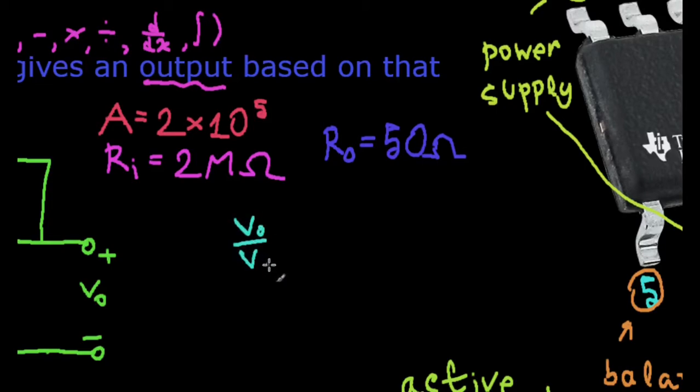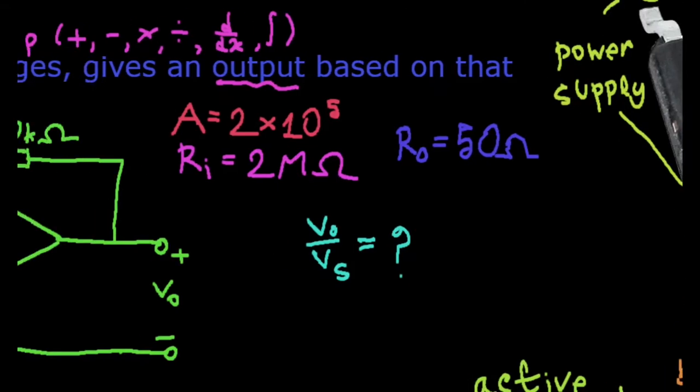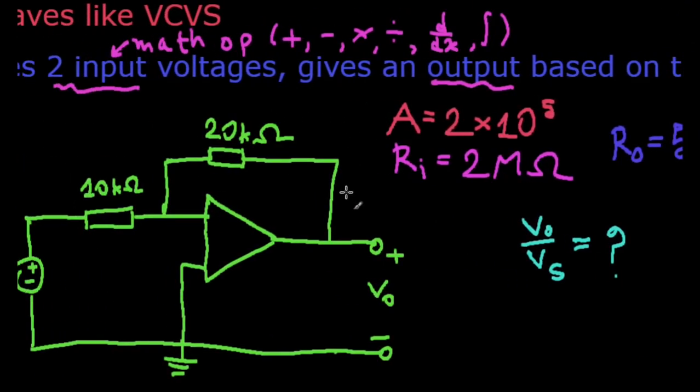So we need to find this closed loop voltage gain, this ratio, and we also need to find this current when Vs equals 2 volts. So these are what we need to find. This is really our main problem, and if we solve this it becomes pretty easy.